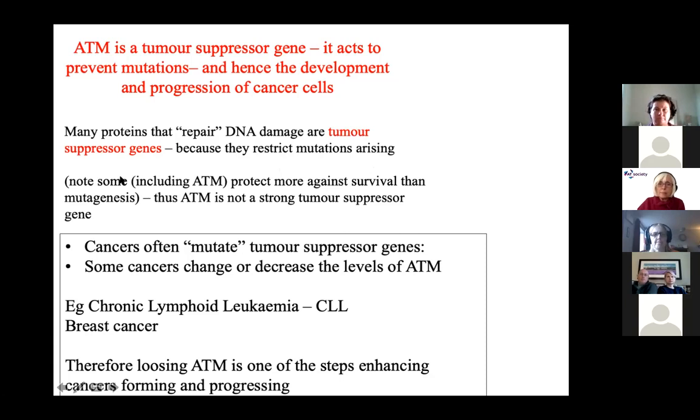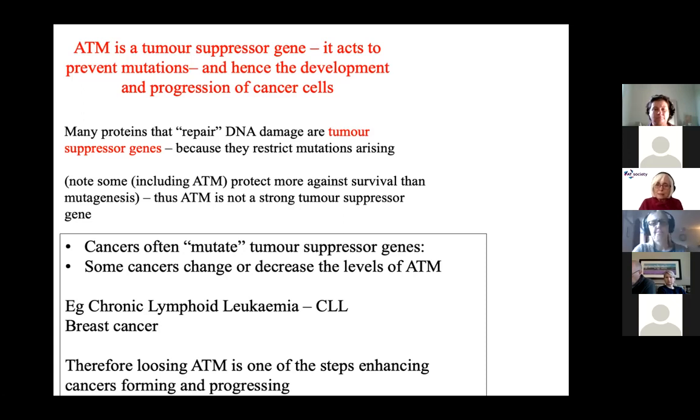And for ATM, it actually seems to help more to increase your survival than to prevent mutagenesis. So ATM is not such a strong tumor suppressor gene. It's really important for surviving.